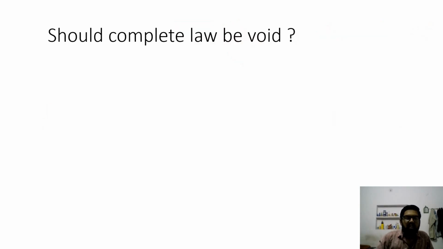Now look, should the complete law be void? This is a very interesting thing. Just try to understand it. Take an example of IPC. What is IPC? We all know, Indian Penal Code by Lord Macaulay. Suppose, take an example, IPC has 20 sections.